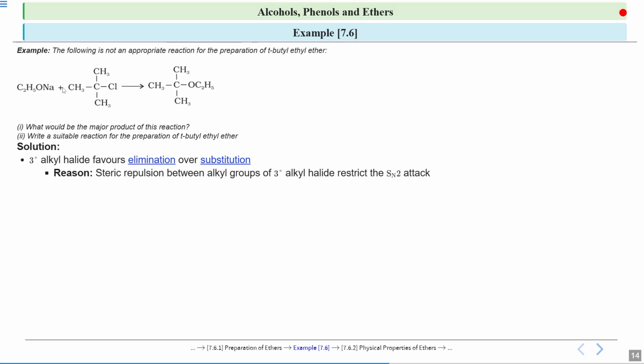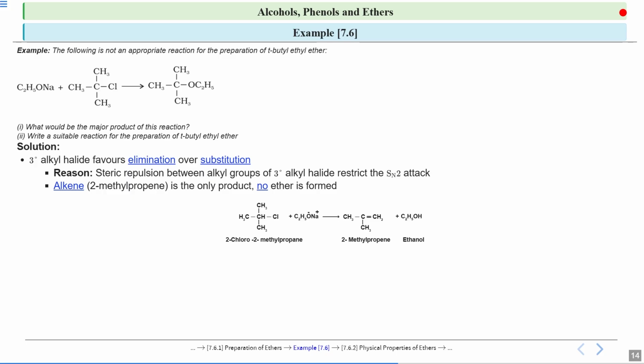Because there is steric repulsion between the alkyl groups of the 3-degree alkyl halide, it will restrict the SN2 attack. So alkene will be formed and no ether is formed. Your alkene will be the major product in this reaction.